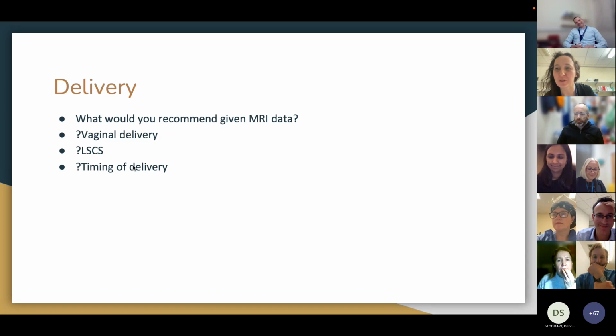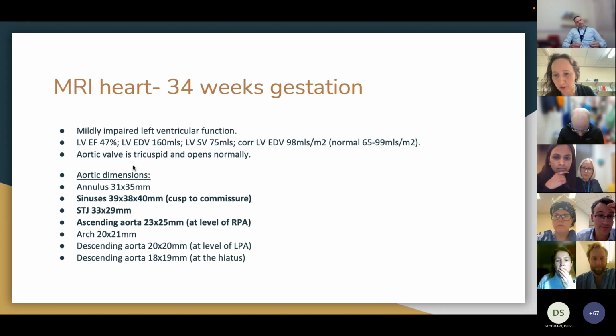Yes, quickly. Retrospectively, and now in my approach to the CT and MRI, I ask for the maximum dimension. I ask for all the measurements, cusp to cusp and cusp to sinuses. This one was in fact the cusp to commissure, so it might have been 1 or 2 millimeters underestimated, and I think that's the solution, Alex, to the measurements: the echo and the cross-sectional imaging dimensions will probably be closer to each other if we measure cusp to cusp.